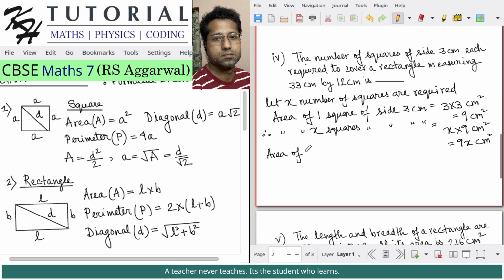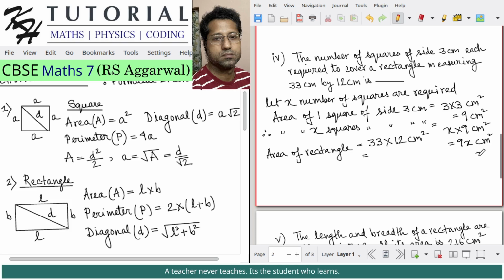Area of a rectangle, the length and breadth are given to be 33 centimeter and 12 centimeter. 33 centimeter by 12 centimeter means the length is 33 centimeter and breadth or width is 12 centimeter. So the area of the rectangle is equal to 33 multiplied by 12 centimeter square.